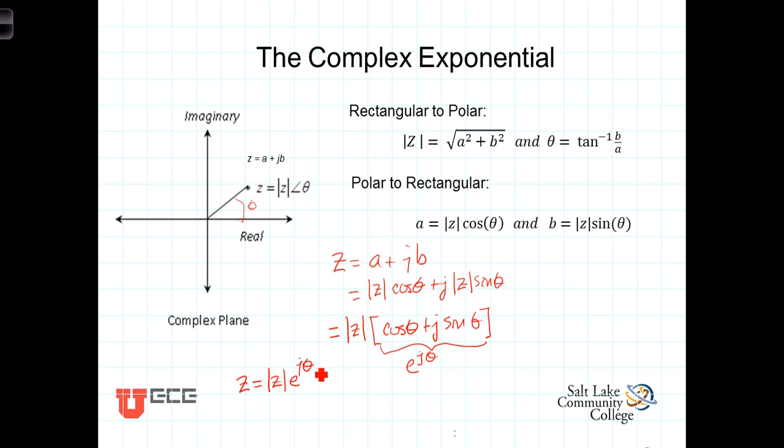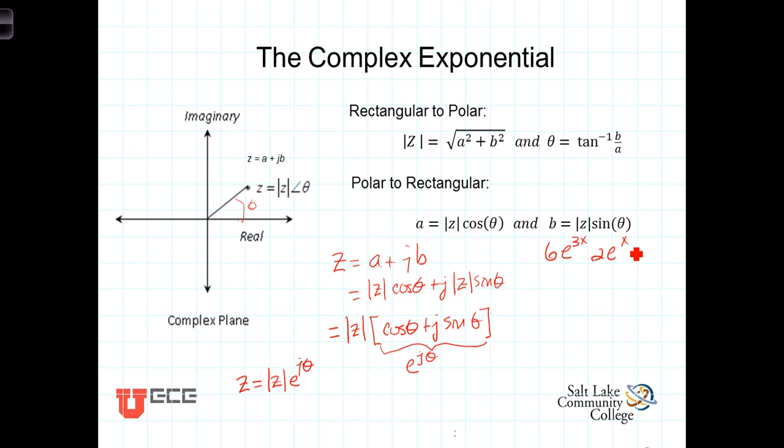Why get so excited about this? In this complex exponential form, we can use all of the properties of exponents. In other words, say we had one expression, 6e to the 3x, and we wanted to multiply it by 2e to the 1x.